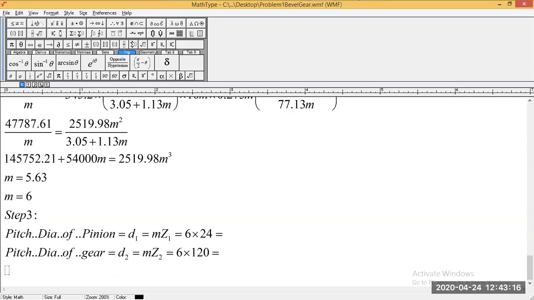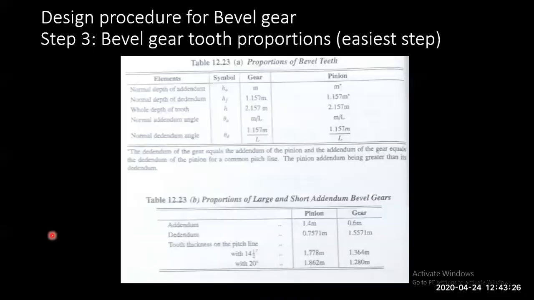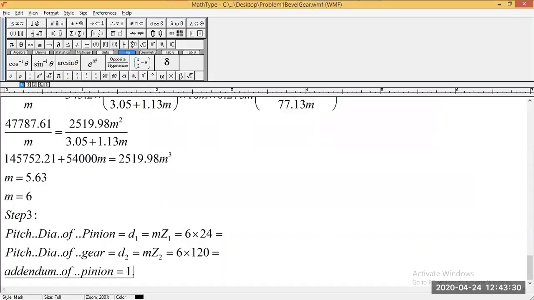Then the addendum of pinion is given here. Pinion is 1.4 times module M. Find that, and similarly the addendum of gear.